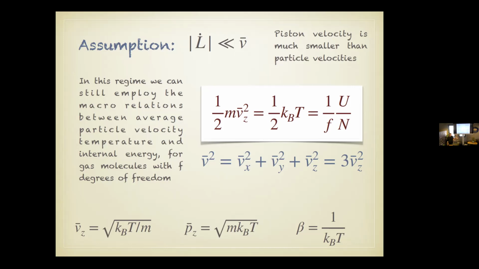So that is the usual temperature definition of equilibrium, and we assume for the bulk of the gas this still works. Then we can replace the average velocity, or the average momentum of a particle, with this term, and the inverse temperature would be as always.